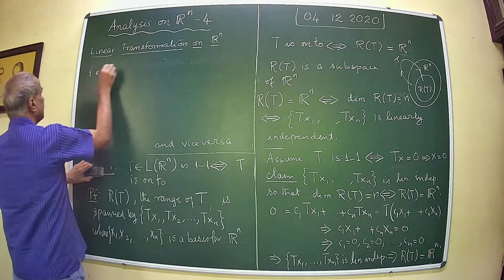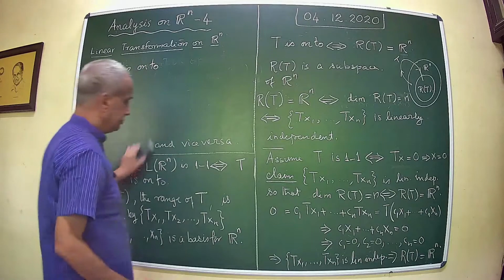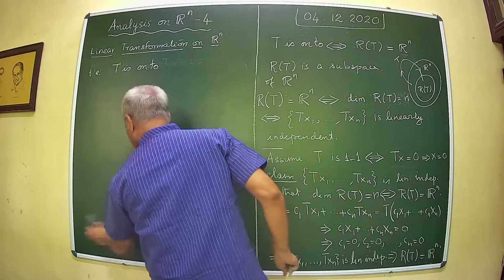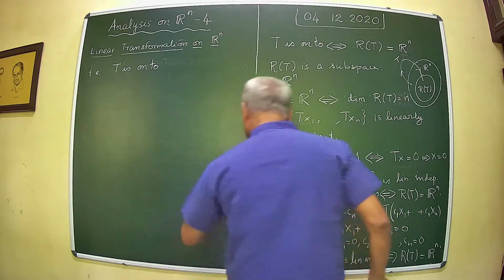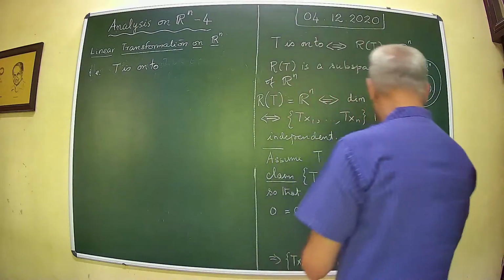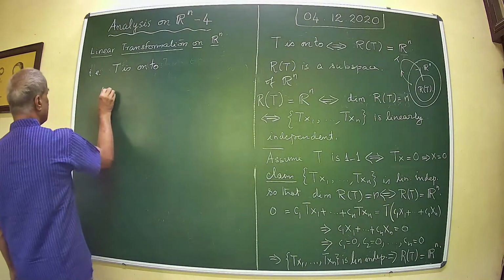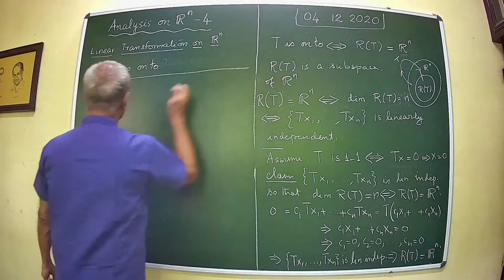Now let us prove T is 1 to 1. Assume T is onto.